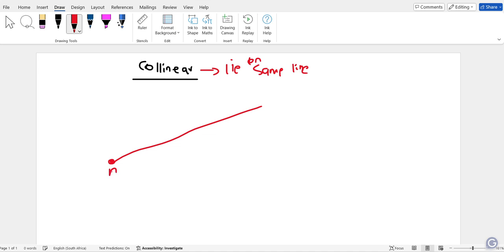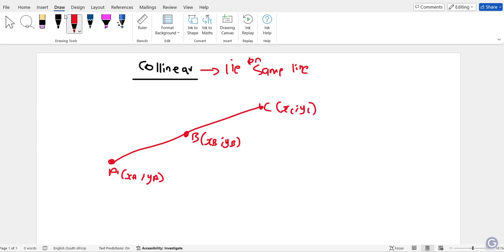So this line, point A, has got the point XA and YA, and let's say somewhere there we have point B, which has got coordinates XB and YB, and let's say here we are given point C with coordinates XC and YC.